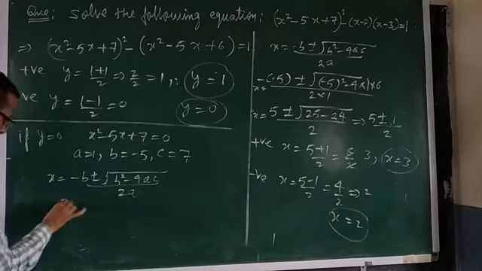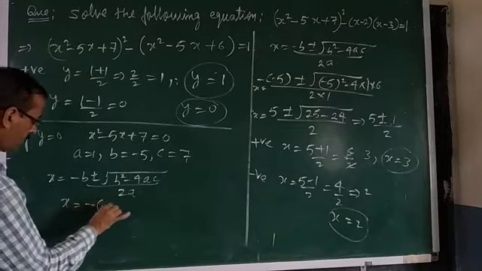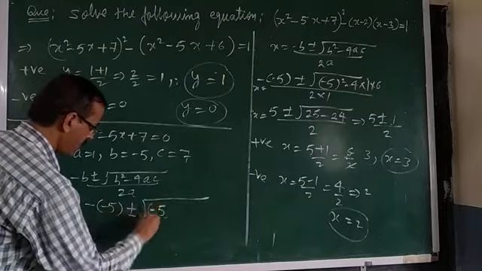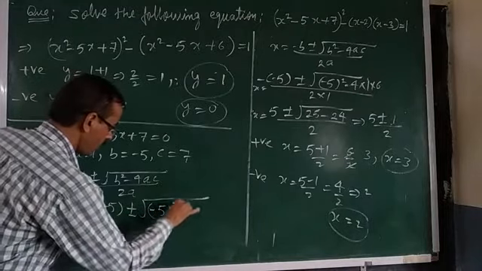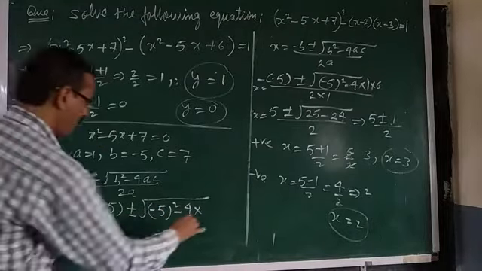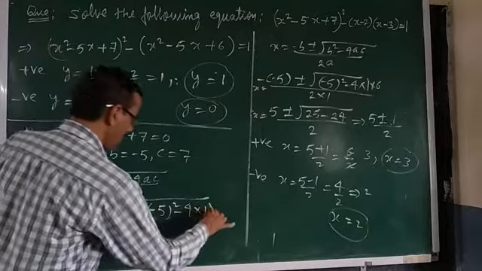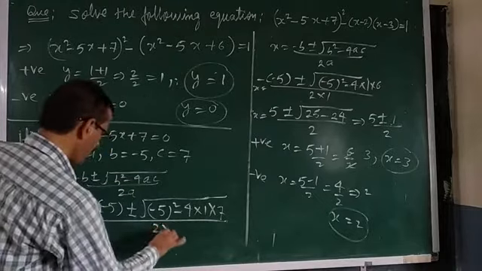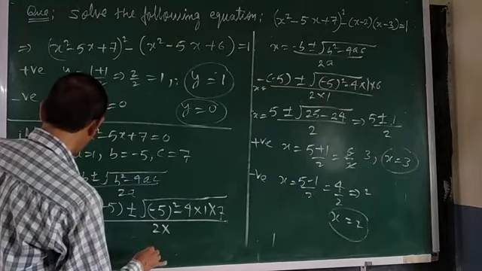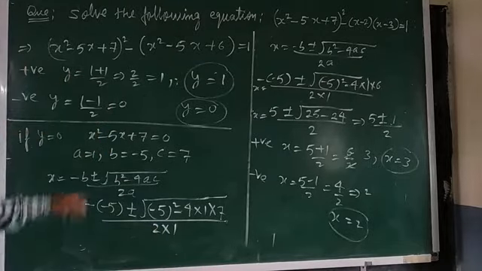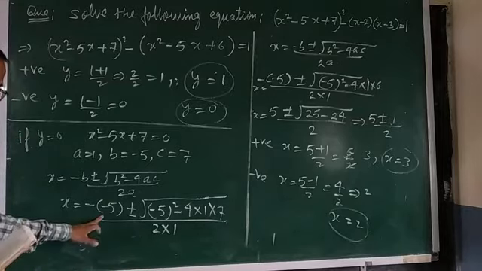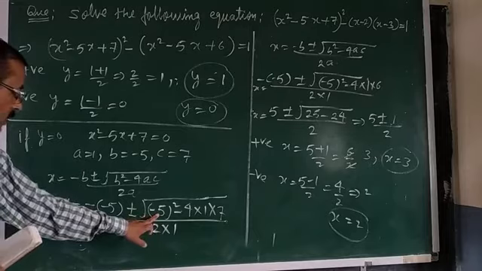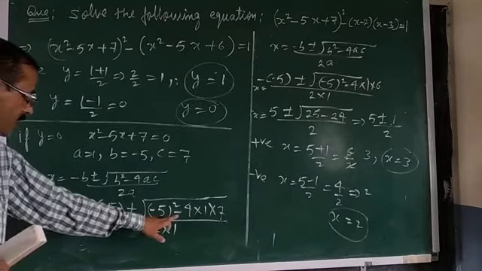Put the values. x is equal to minus of minus 5 plus minus under root minus 5 whole square minus 4 into a value 1 into c value 7, overall upon 2 into 1.